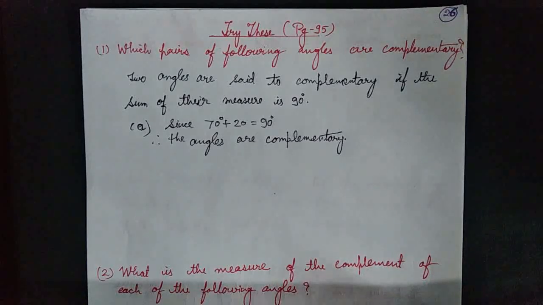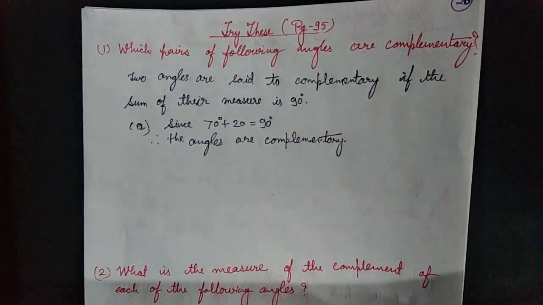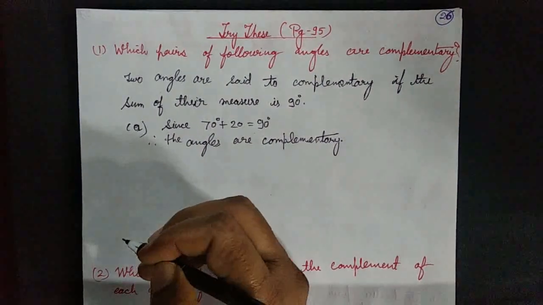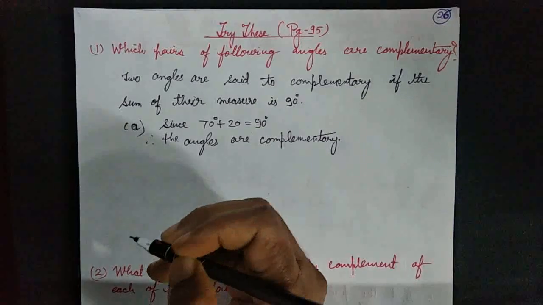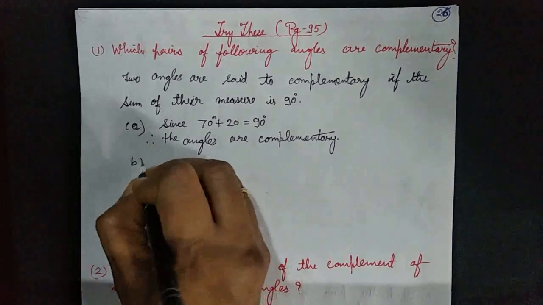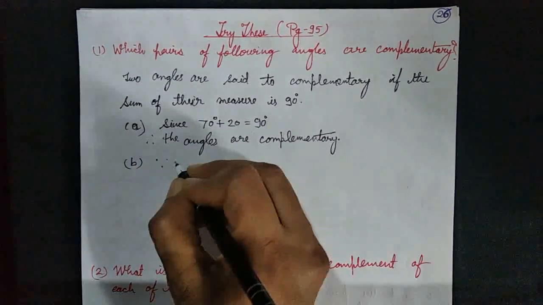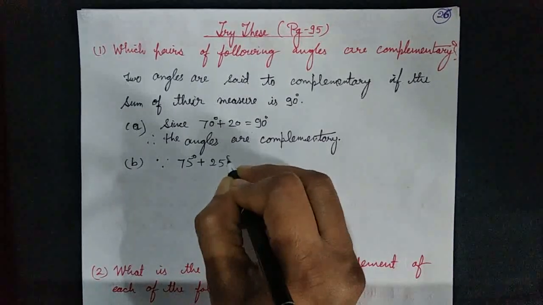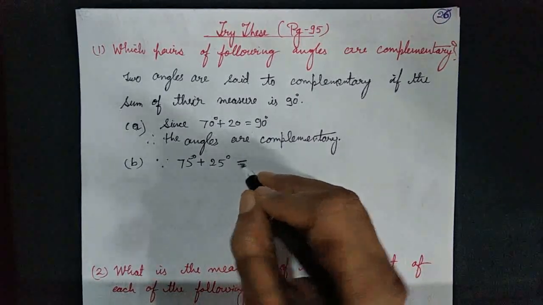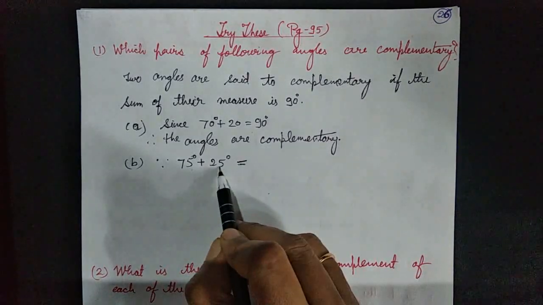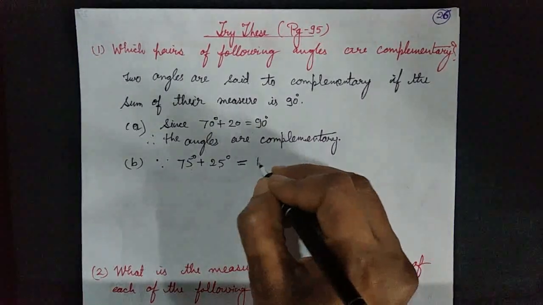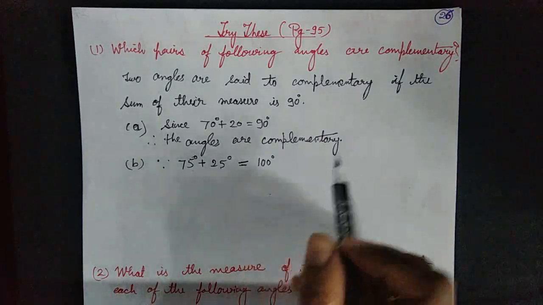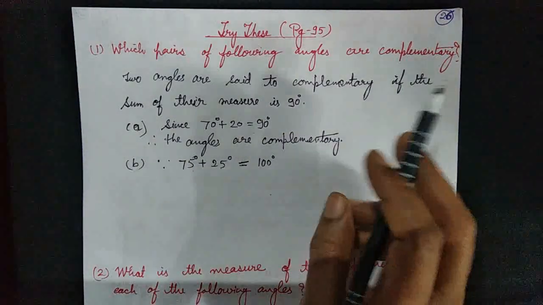Now let us check the pair in the second part. In the second part, the measures of the angles are 75 degree and 25 degree. If we add 75 degree and 25 degree, we will get 100 degree, and this 100 degree is not equal to 90 degree, it is more than 90 degree.